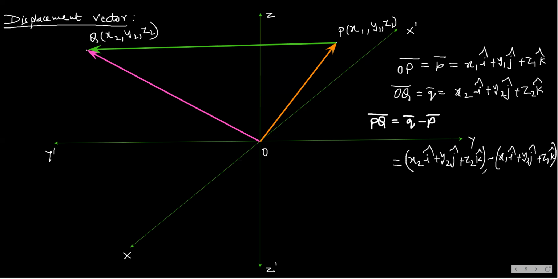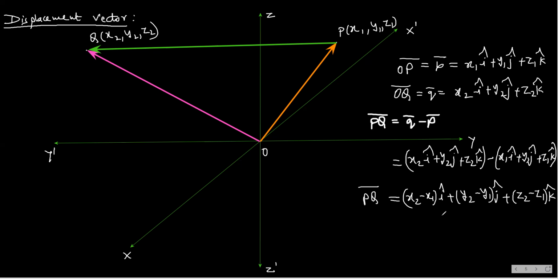When you open this bracket, you will get x2 i cap minus x1 i cap, so i cap will be common. You will get (x2 minus x1) i cap plus (y2 minus y1) j cap plus (z2 minus z1) k cap. You will get this as PQ bar.